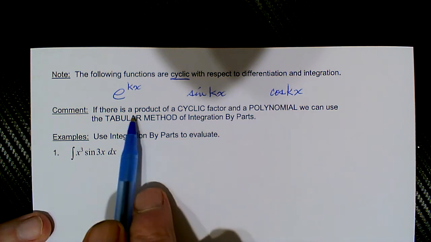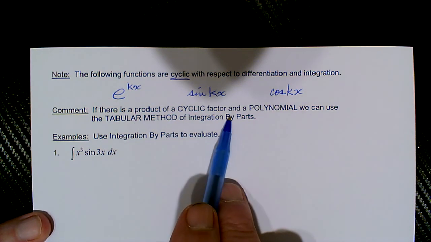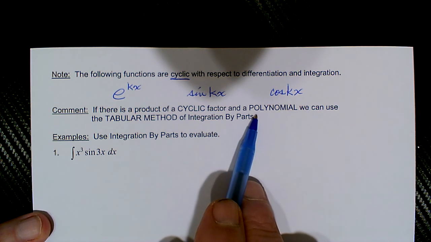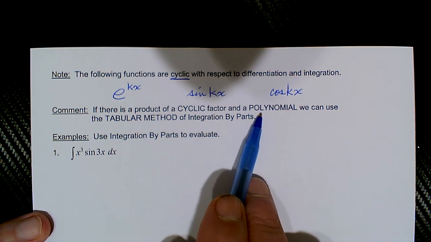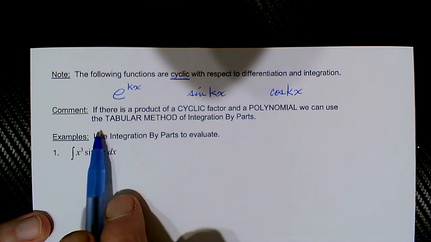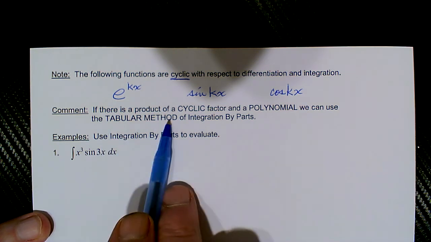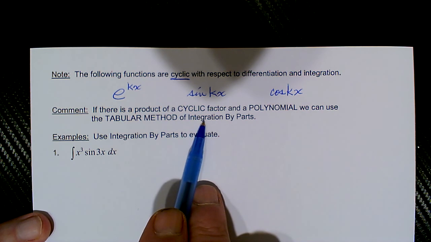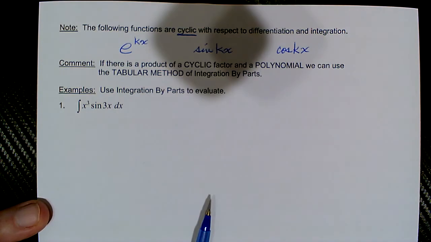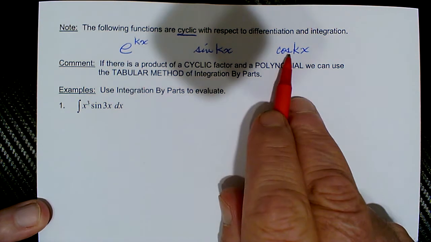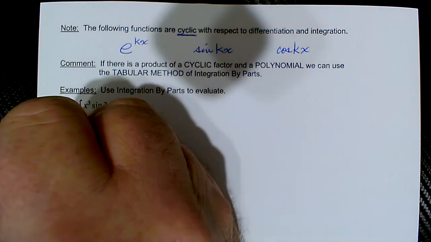And here's the comment. If there's a product of a cyclic factor and a polynomial, now it has to be a polynomial, but you'd be surprised at how many times we see this type of situation, we can use what we call the tabular method of integration by parts. So on the exam, I'm not going to tell you, hey, use the tabular method. You have to know. So you have to look for these cyclic functions and look for a polynomial.